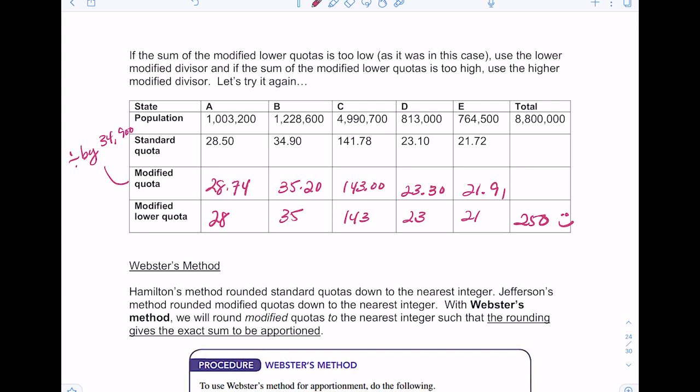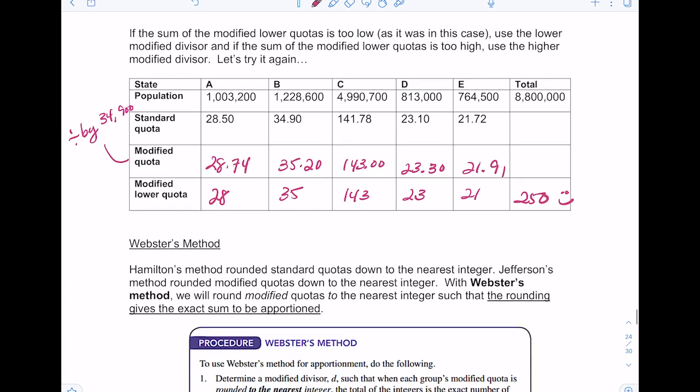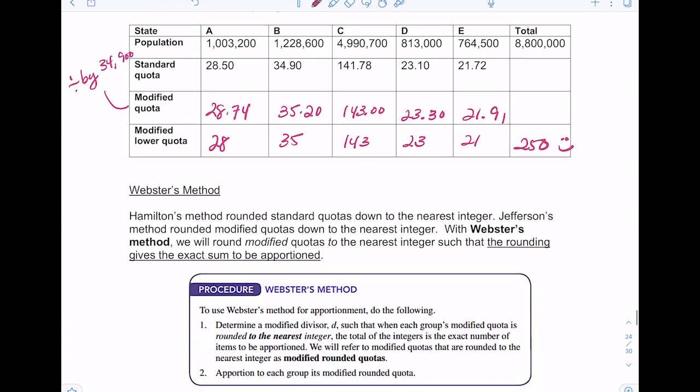Sometimes it'll come down to like a thousandth of a number, so it can be tough to figure out the divisor that will get you to the exact number. Okay, so it is trial and error with those.